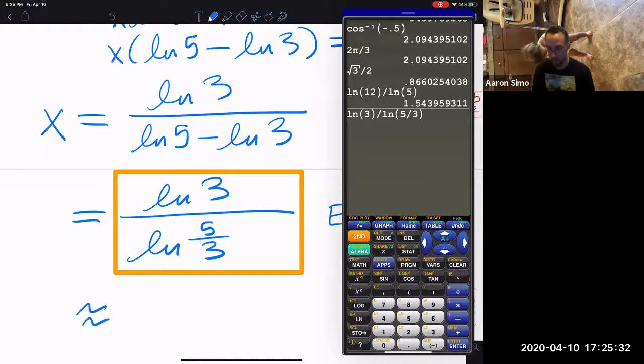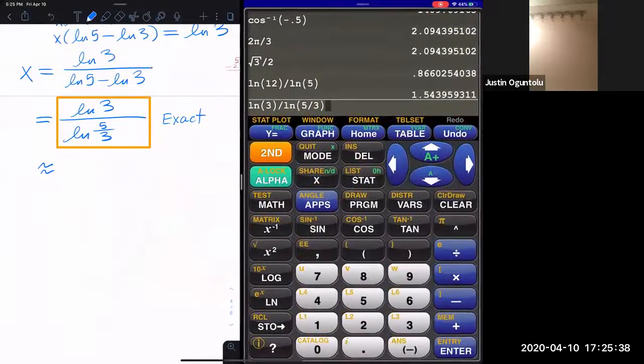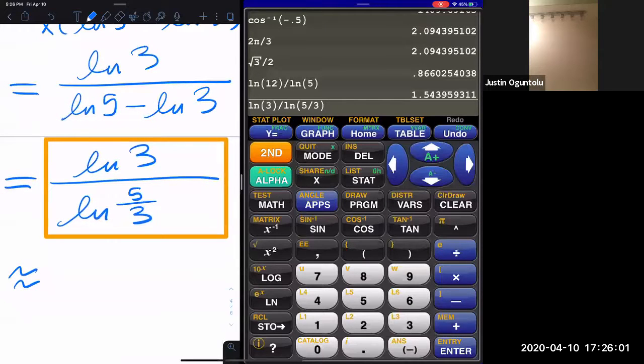Okay, ln 3 over ln 5 minus 3. I got 1.5849.